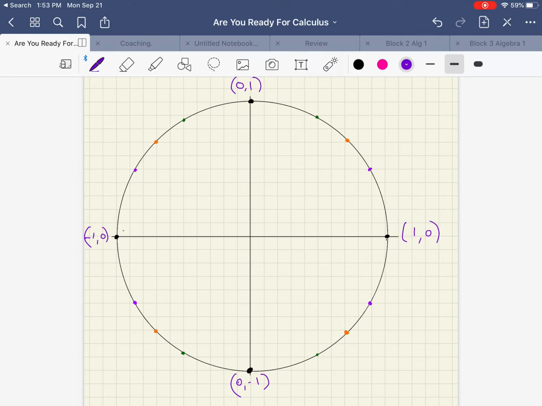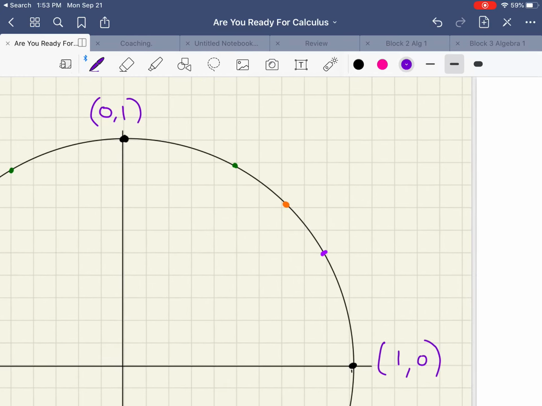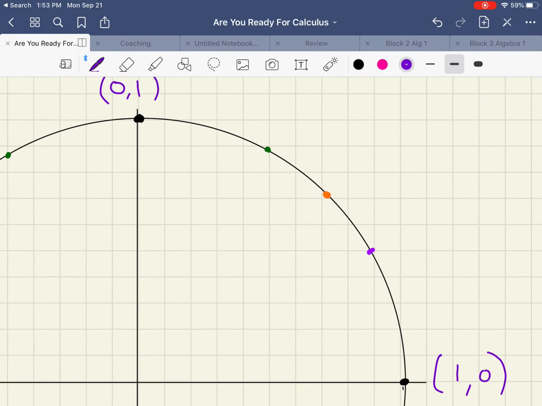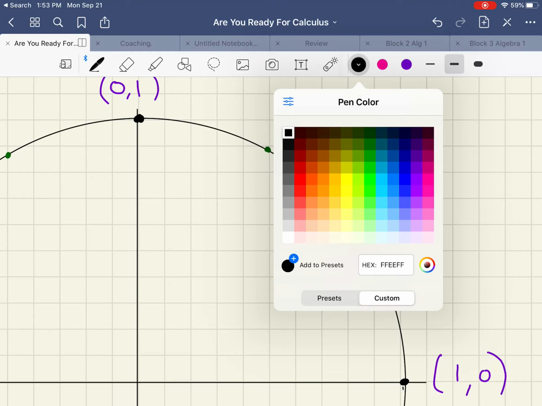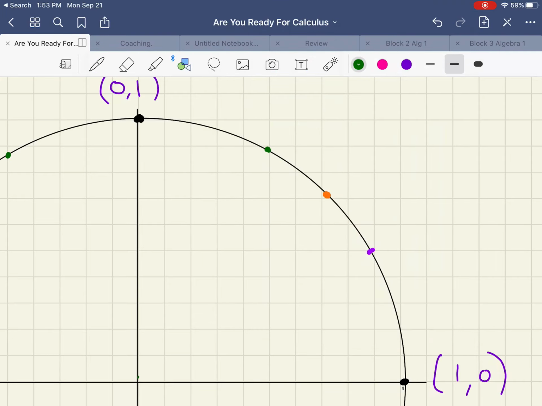So let's talk about the coordinates of each of these first quadrant points. I do have it color-coded. If we end up at a 60-degree angle here, the coordinates of that point are 1/2, √3/2. Those are exact values.